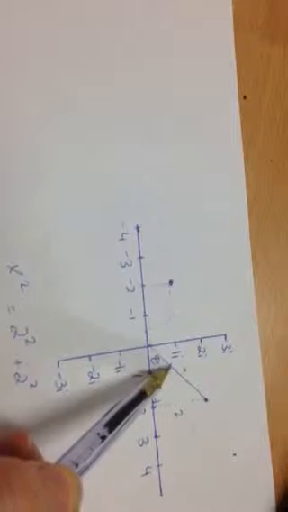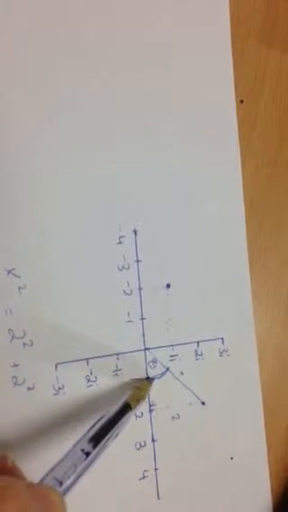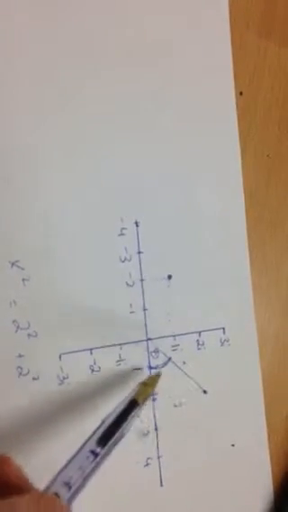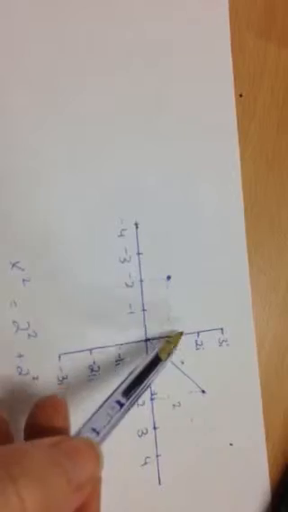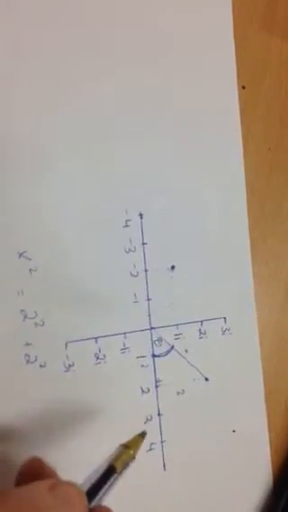Maybe I just don't want to go 45 degrees. Perhaps I could say I'm going to go around once, which is 360, plus 45 degrees. Or I could describe it going backwards, however many rotations. So if we want to be a bit more general as to how we describe that point, we can use general polar form.